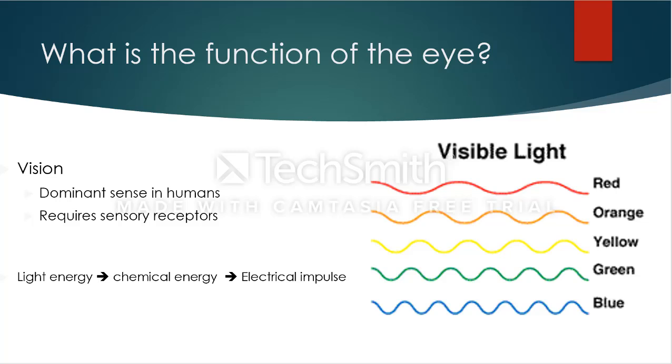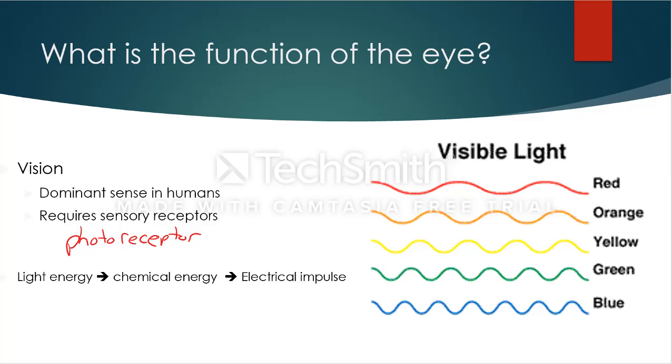All right. But in order to see, we have to have some sort of sensory receptor. We know that there's receptors that identify heat, touch, and stretch. So there also has to be a receptor used in vision. And that receptor that we use in vision is called the photoreceptor. Right?